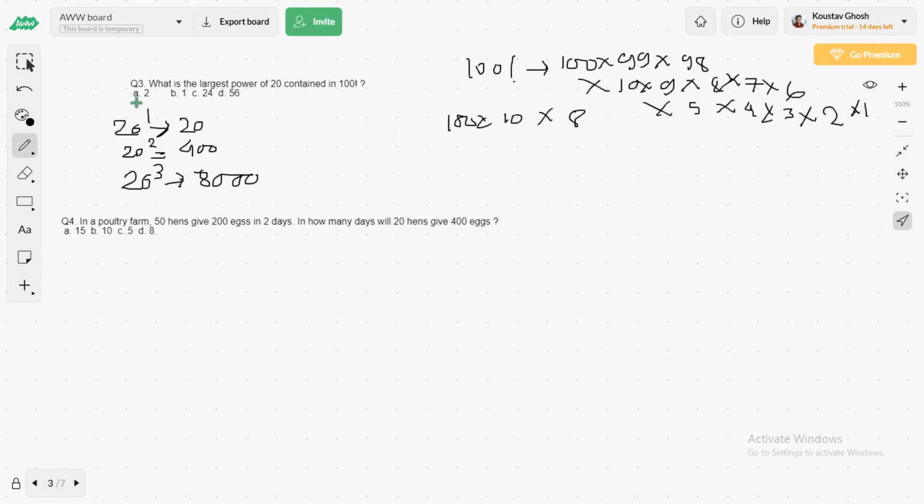So 20 to the power 1 or 2 can be cancelled, so we cancel these options. There are two choices left, 24 or 56.